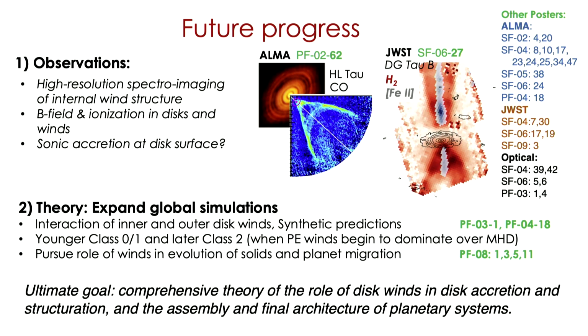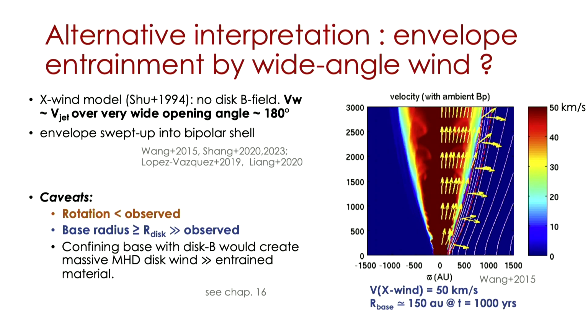Now, I'd like to address the point on the X-wind because I think it's an important point. So I have a slide about it. I prepared it, unless Peter wants to ask. This is what you're referring to. There have been models trying to explain these outflows by entrained material from the X-wind.